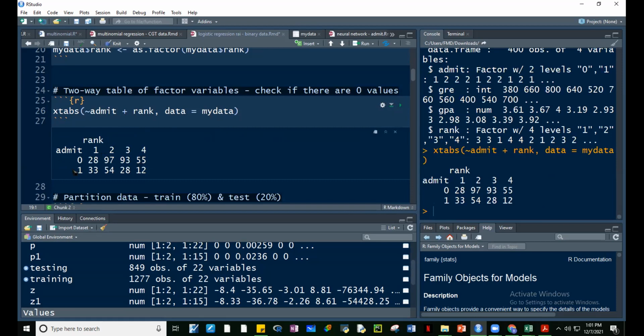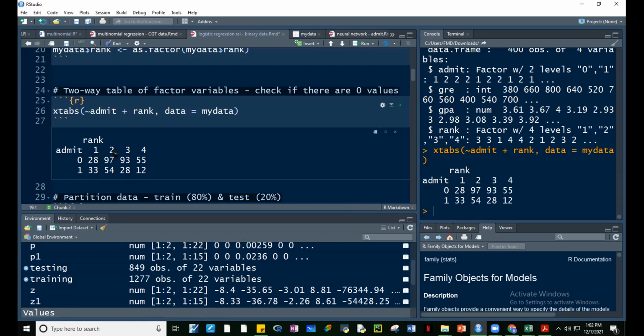Okay, so you can see here that admit has 0 or 1. So 0 is not accepted, 1 is accepted. And then from the rank 1 school, we can see here that of the 61 applicants, 33 were accepted.